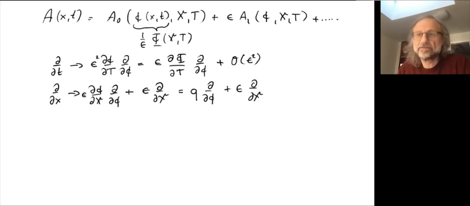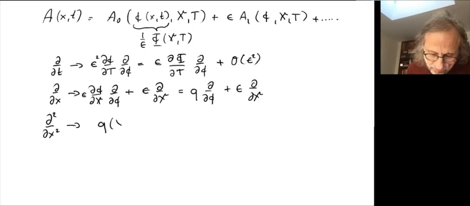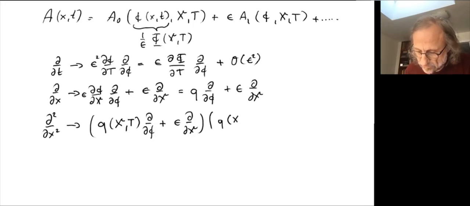So now we need to have the second derivative. That's a little extra work, and we have to be careful. So let me write it out, because q is a function of slow variables, so we need to keep that in mind. And so we have this thing times, again, q d by d phi plus epsilon d by d slow x.